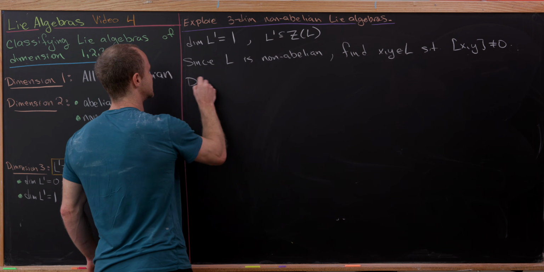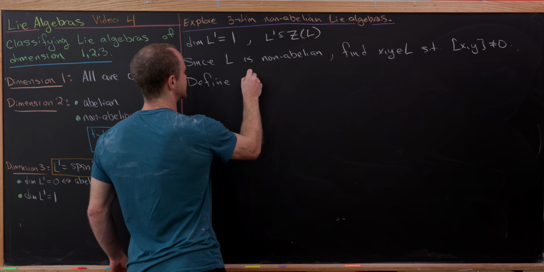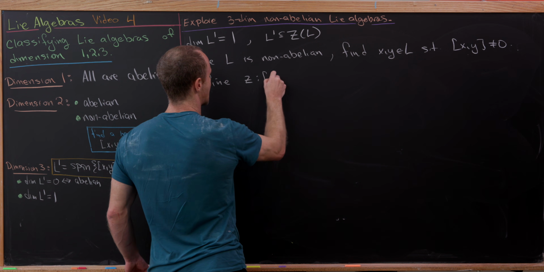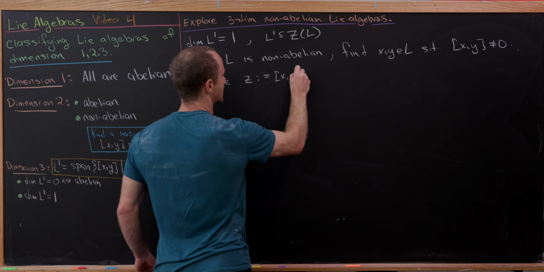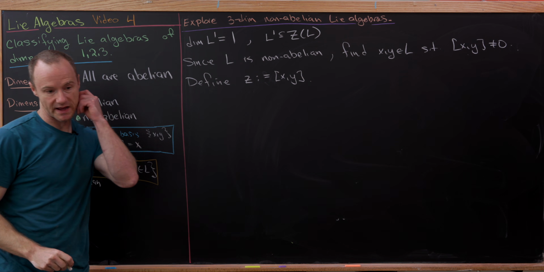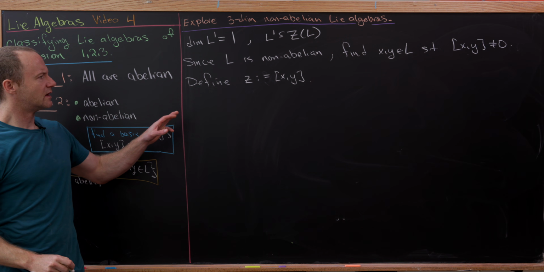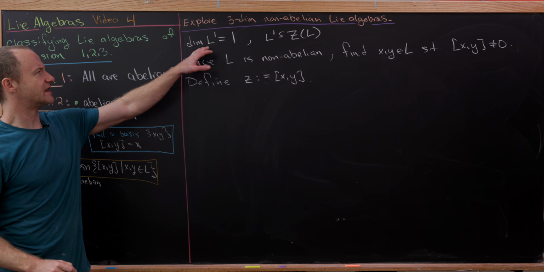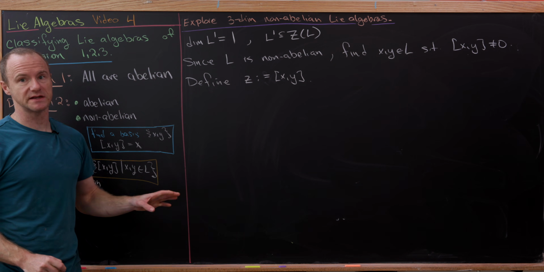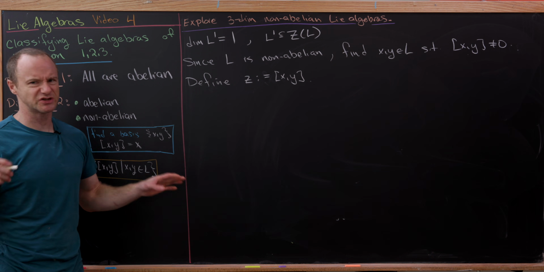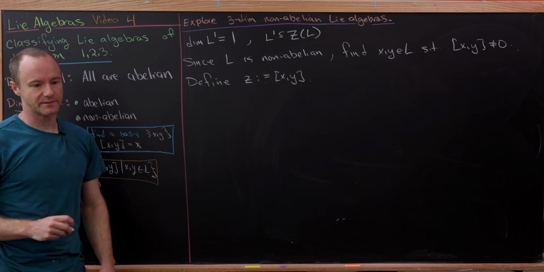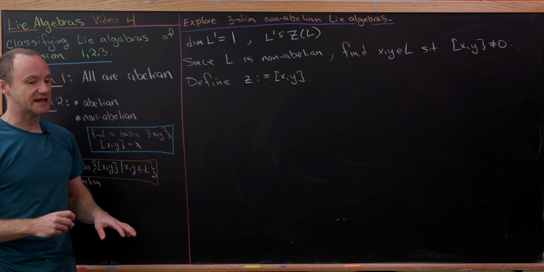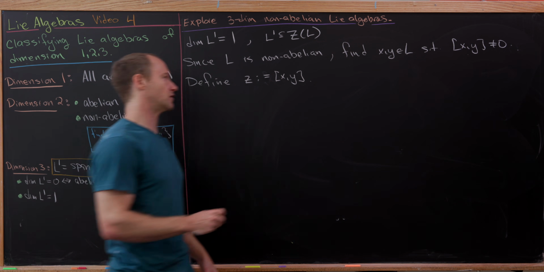And now let's define z to be equal to that bracket. So z is defined to be equal to the bracket of x and y. But now z is inside of L prime. Well, it's a non-zero vector inside of L prime just based on the definitions of everything. But L prime is one-dimensional. That means z is in fact a basis for L prime.